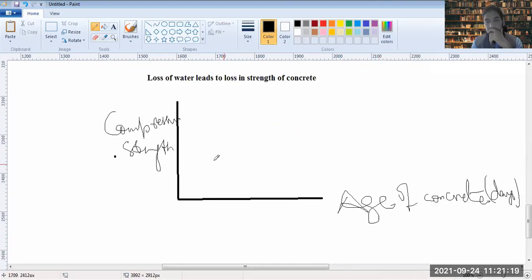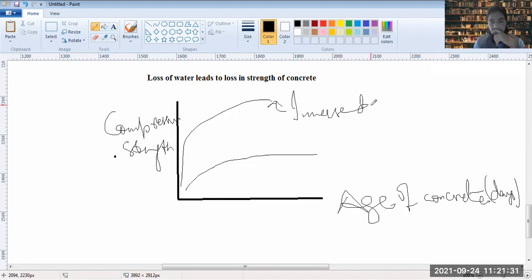this is age of concrete in days. So you would get a graph like this if this is totally immersed in water. So it's continuous curing. And like this if this is completely kept dry, no curing done after the initial stage after the concrete has been cast.